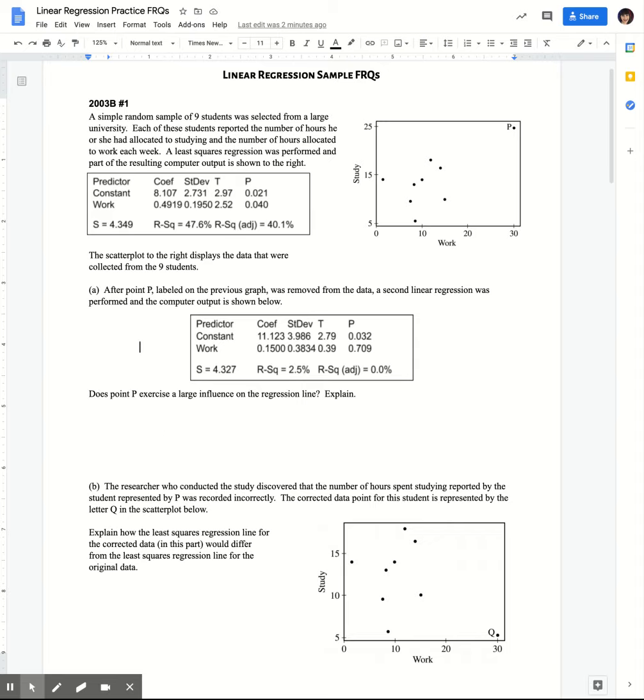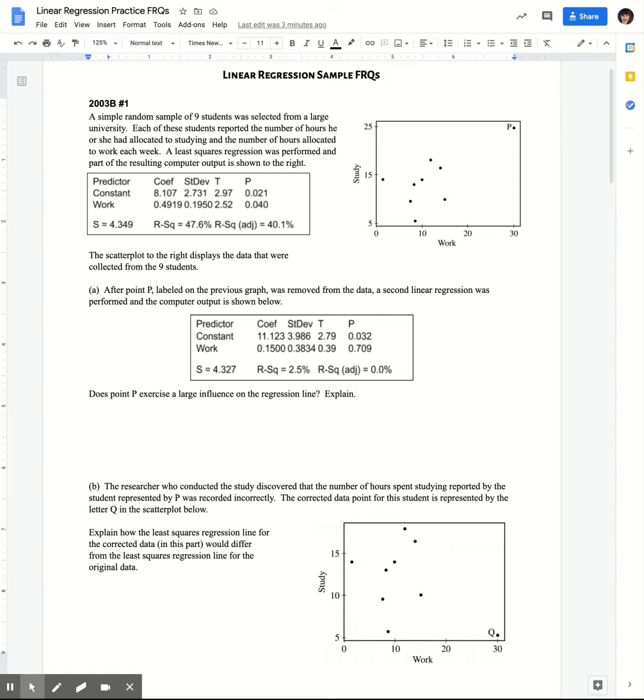Okay, so in this first question, I have a lovely scatter plot, which you can see on the right side of the document. They also gave us the Minitab output for that.